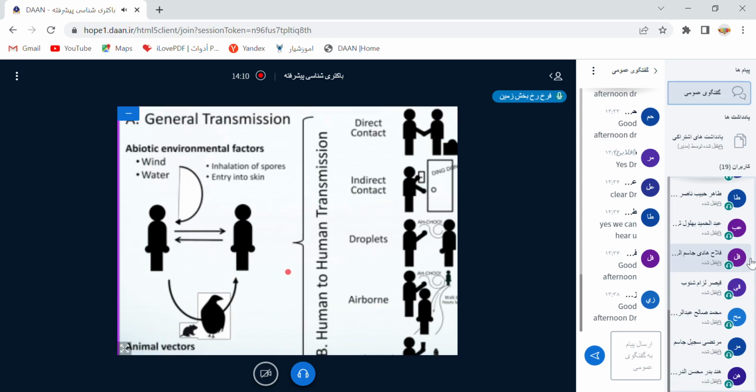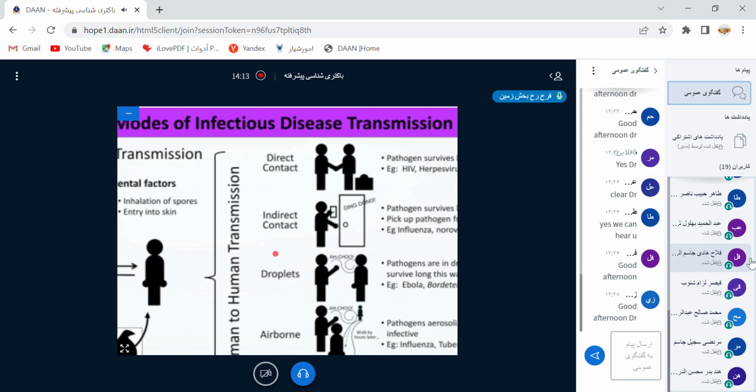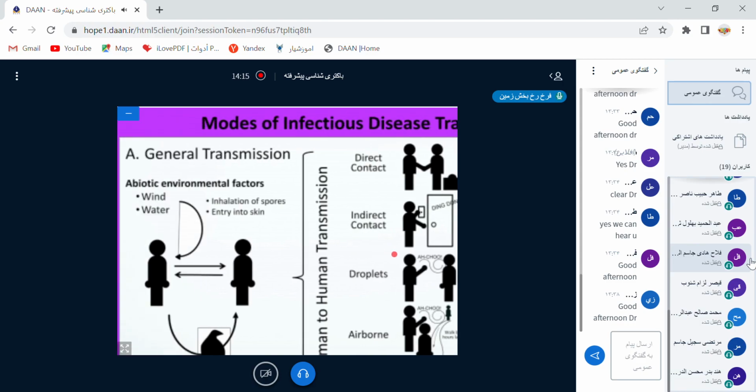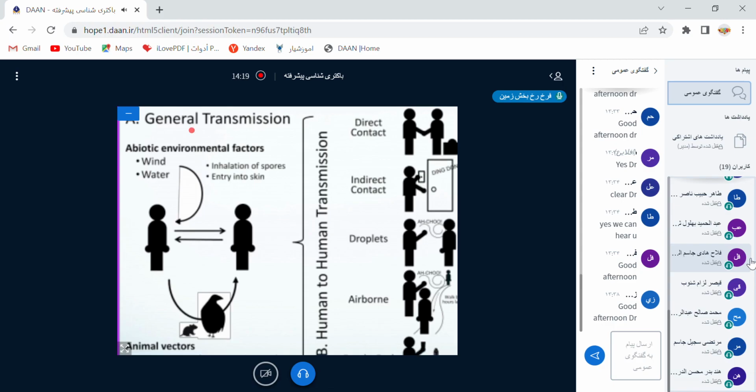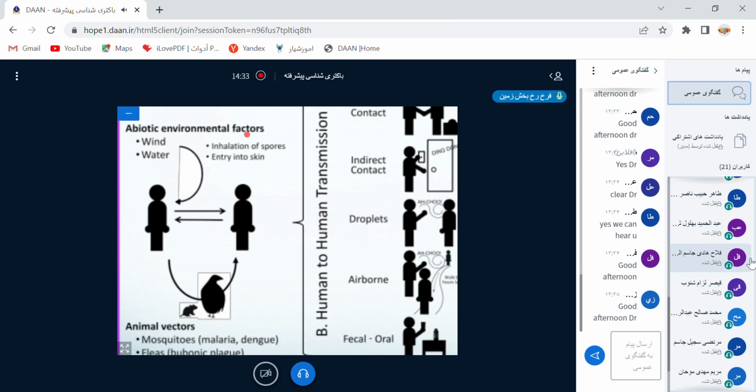Here there are two parts in this figure: modes of infectious disease transmission, general transmission. So you can see abiotic environmental factors.